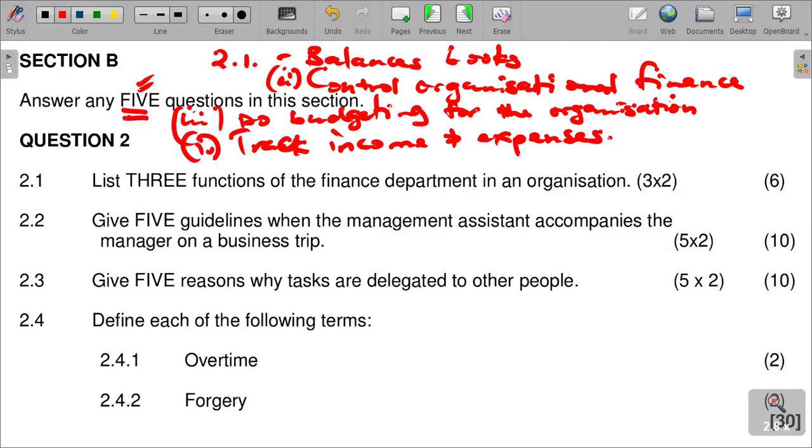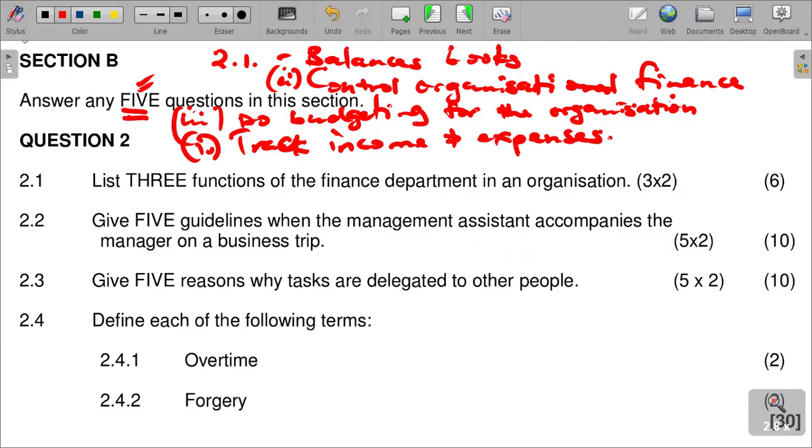It tracks, in terms of following and ensuring, how much money the organization is making, and wherever there are outstandings or payments that need to be done, the finance department follows up on those expenses in order to control and avoid overspending within the organization as a whole.